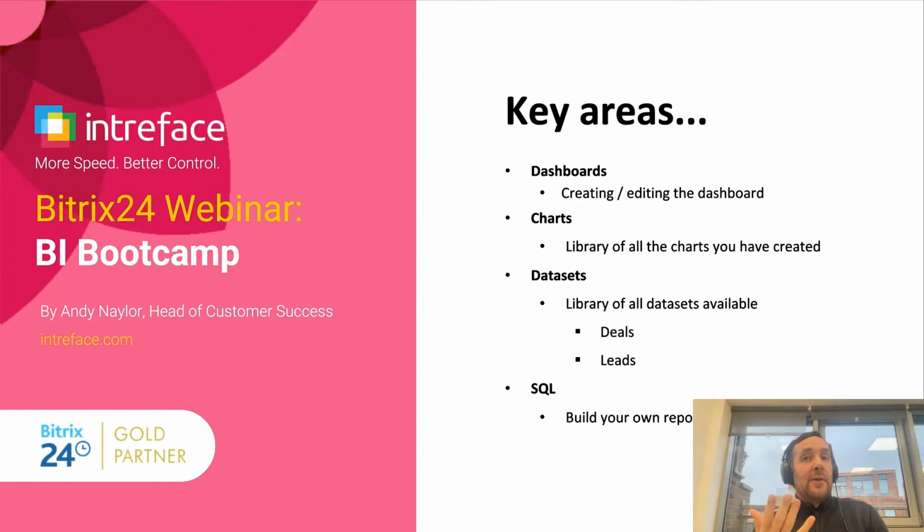The other area that obviously we'll have a look at is the charts area. And again, that's a library of all of the charts that you have ever created. And you can go into there and create your own to put it on to the dashboards that you're going to be creating.